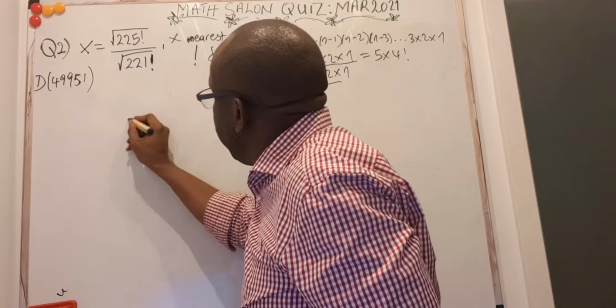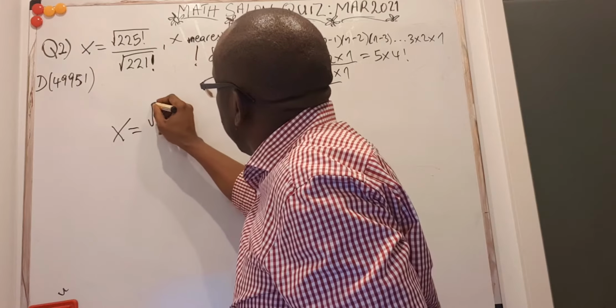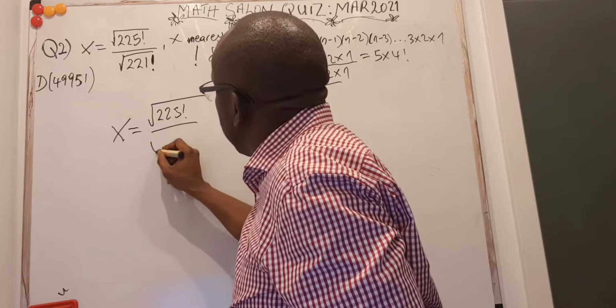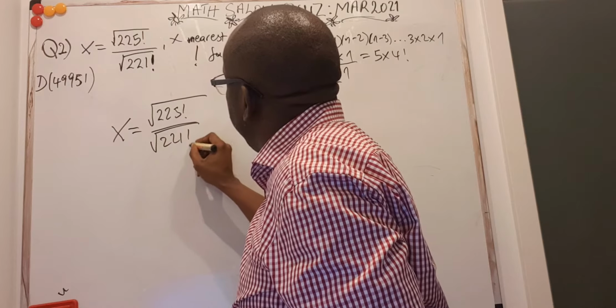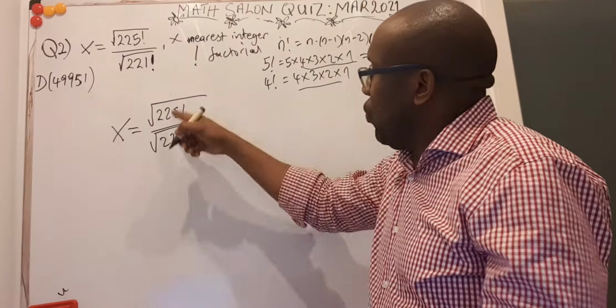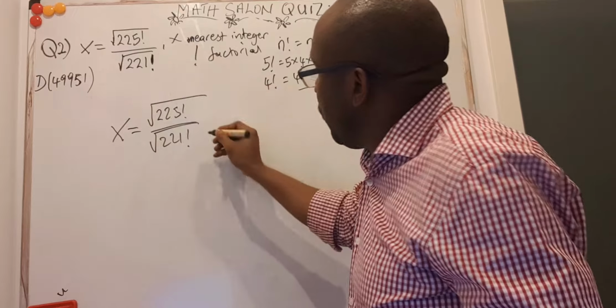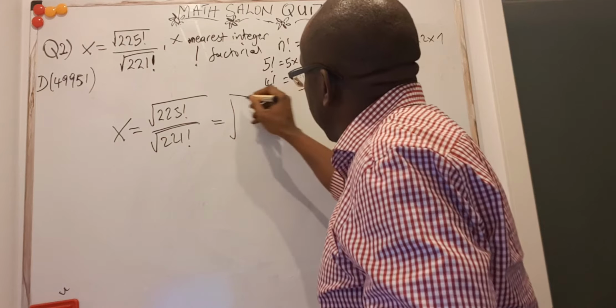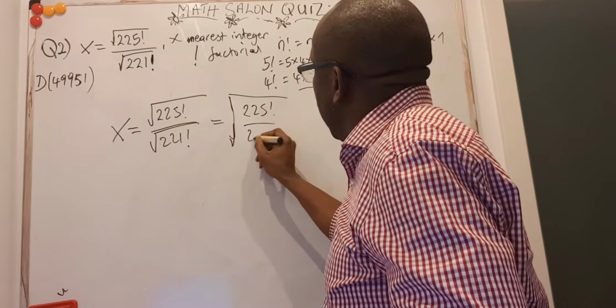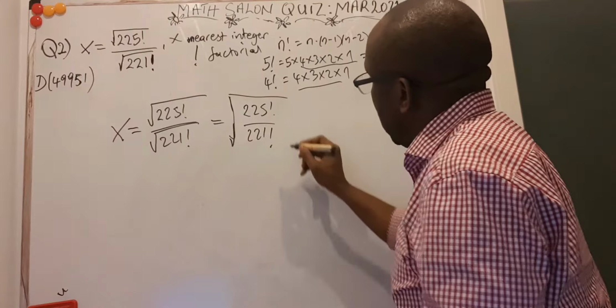So if that's the case, then my x here is equal to the square root of 225 factorial all over the square root of 221 factorial. From your knowledge of roots and surds, you see that we can push this up, and I can get only one root here with 225 factorial over 221 factorial.